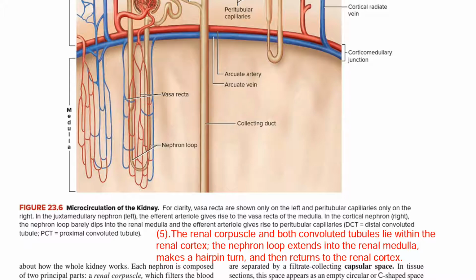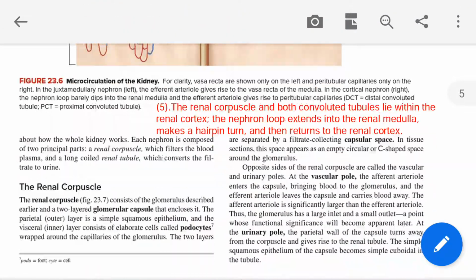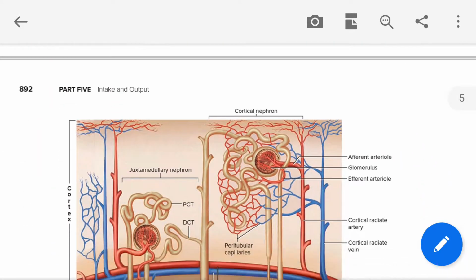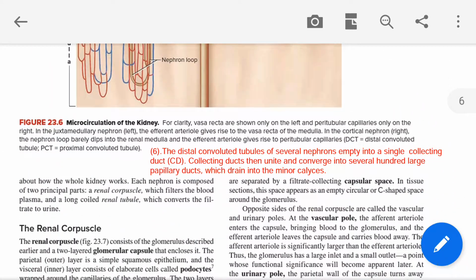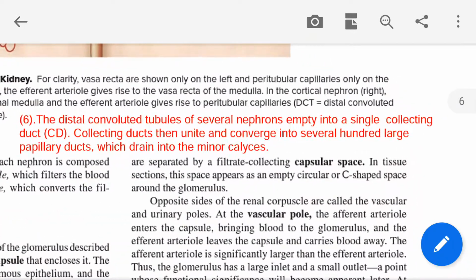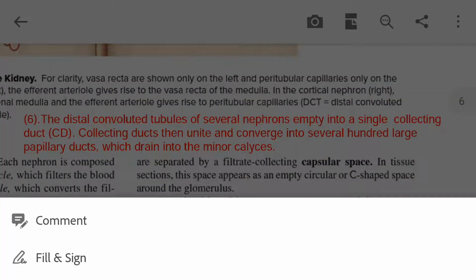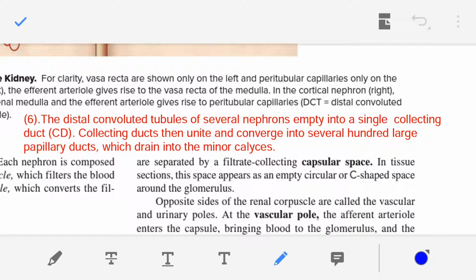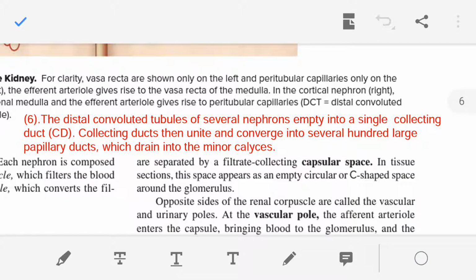Now we are discussing the sixth point. The distal convoluted tubules of many nephrons empty into a single collecting duct.